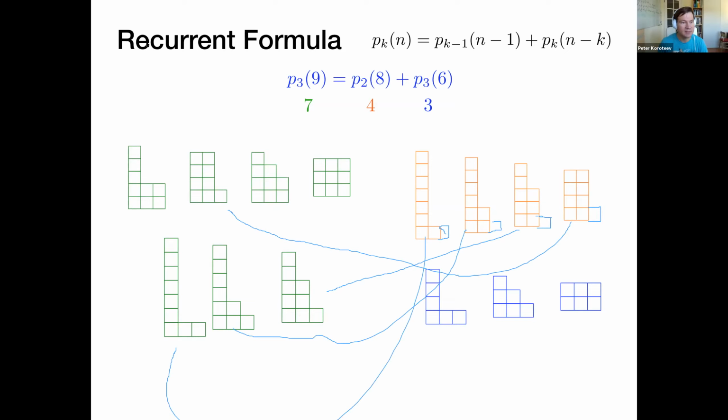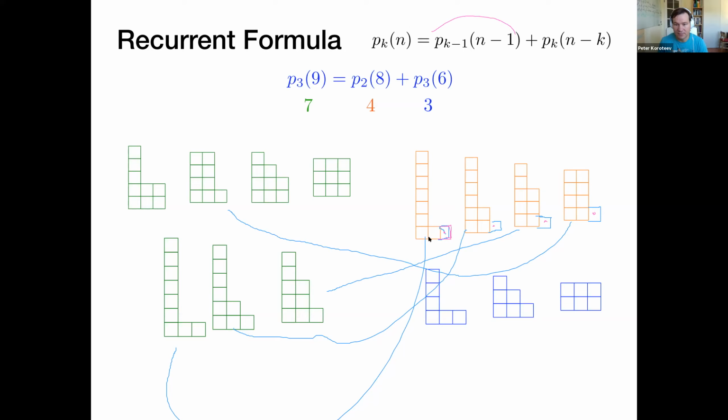So that explains this. No, the other one. It looks at this subset, right? So by adding this block to the bottom right, you add one block, so you increase n by 1, and you increase k by 1 because it's an extra part, right?